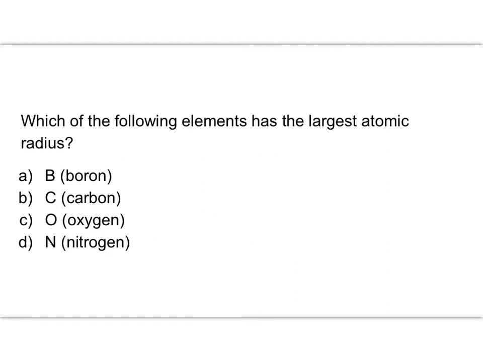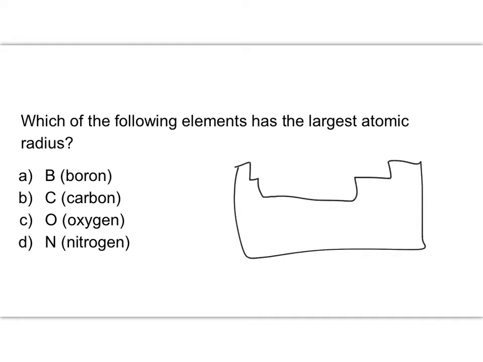Which of the following has the largest atomic radius? Okay, this refers back to a question we had a little while ago about the trends. Okay, so the trend is that elements get bigger as you go down and to the left. So what you're looking for here is which element in this grouping would be the farthest down or the farthest left or both.